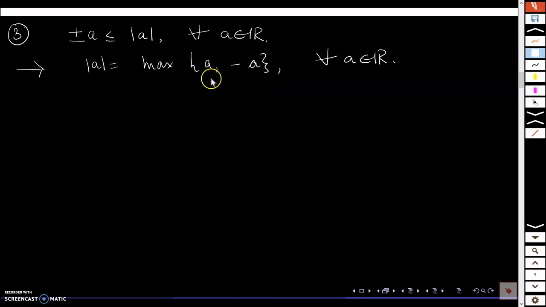That's why it is the maximum of this set. So modulus of A must be bigger than or equal to A, and modulus of A must be bigger than or equal to minus A also.